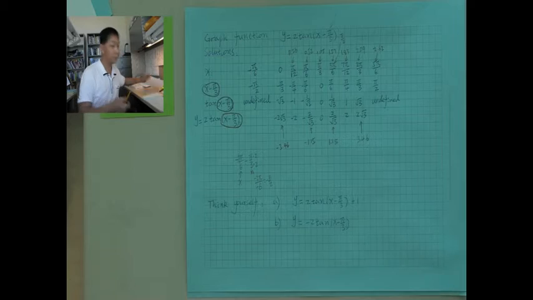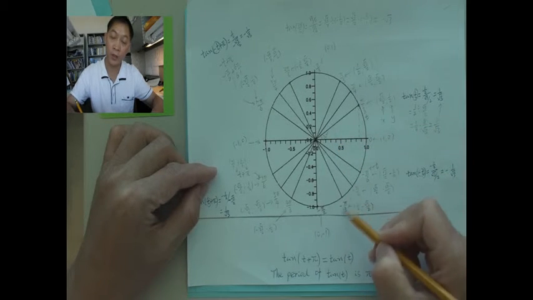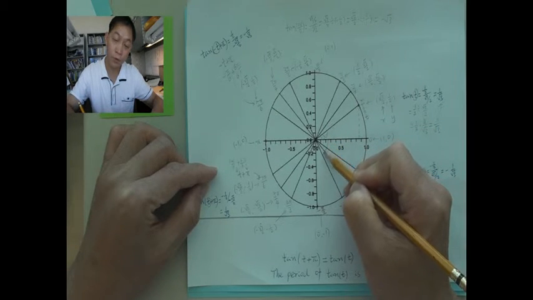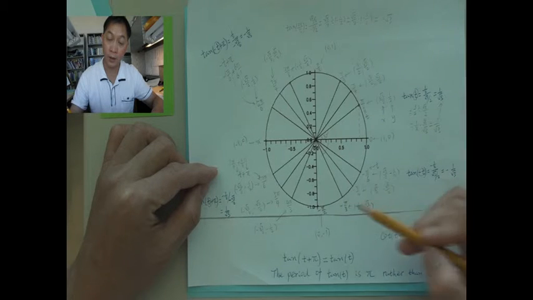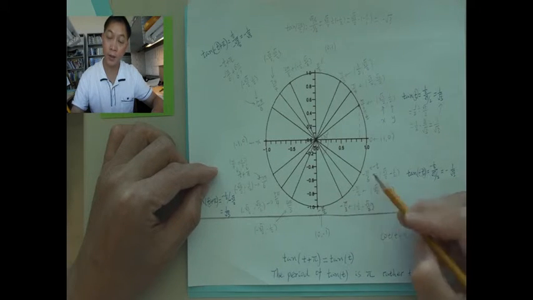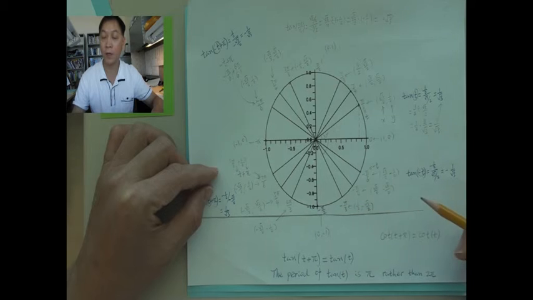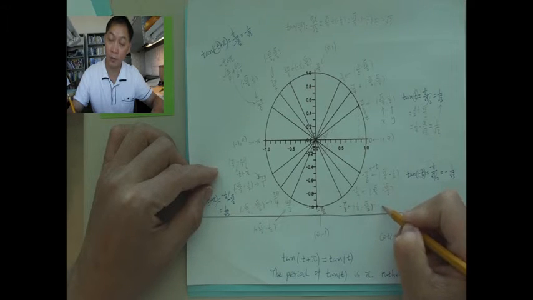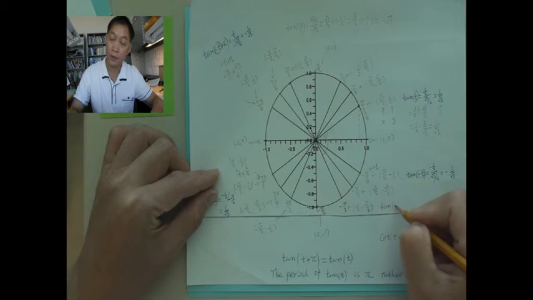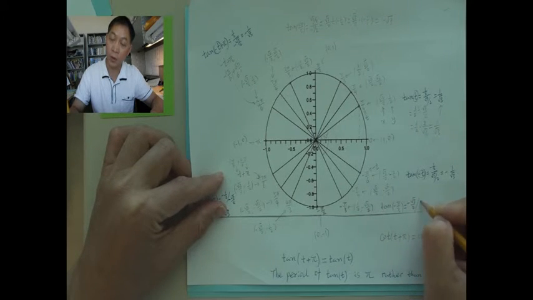If you remember the picture, tangent of negative pi over 3 is negative radical 3 over 2 divided by positive 1/2.